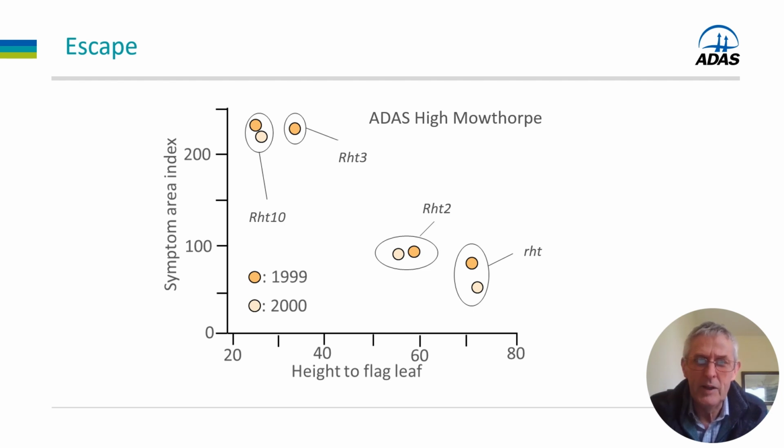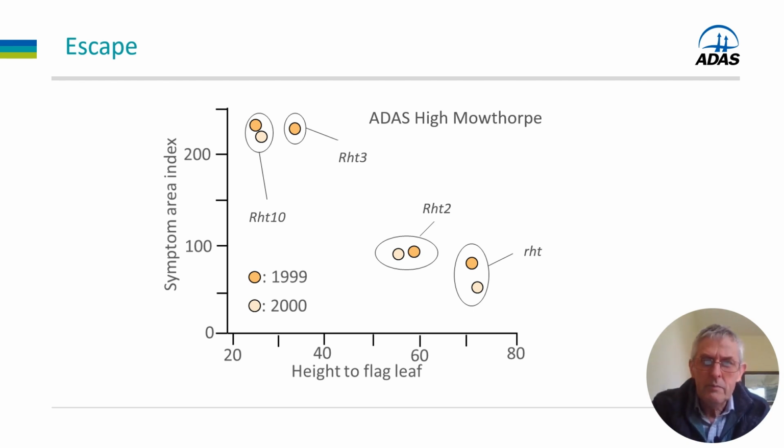The semi-dwarfing gene RHT2, somewhat shorter, somewhat higher severity. And if we went shorter still to RHT3 or RHT10, then the effect was very powerful indeed. And in this case, the effect of the semi-dwarfing gene was not that big because Mercia, even without that gene, was a relatively short variety.